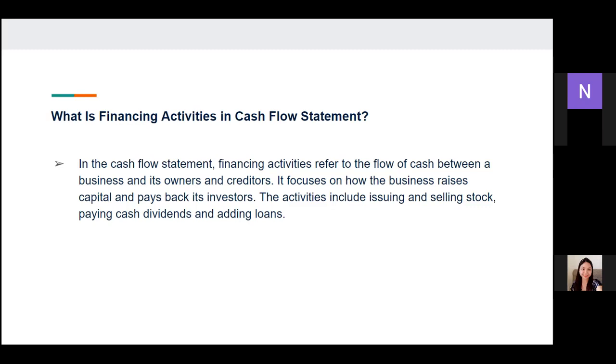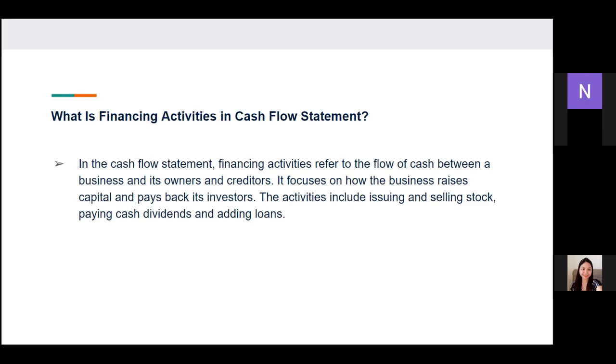In the cash flow statement, financing activities refer to the flow of cash between a business and its owners and creditors. It focuses on how the business raises capital and pays back its investors. The activities include issuing and selling stock, paying cash dividends, and adding loans. A positive number on the cash flow statement indicates that the business has received cash.